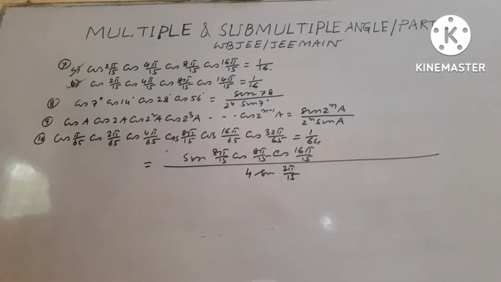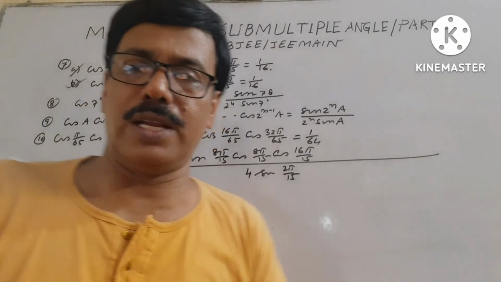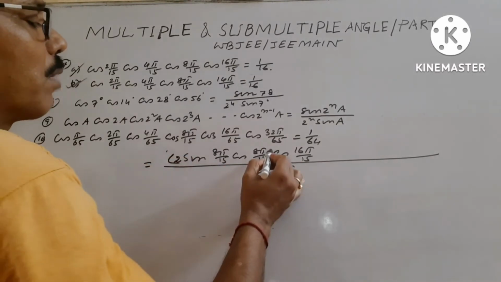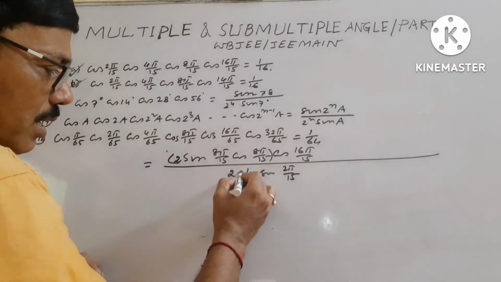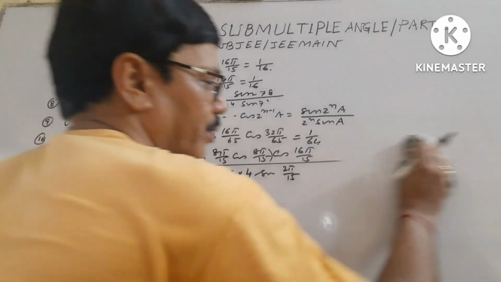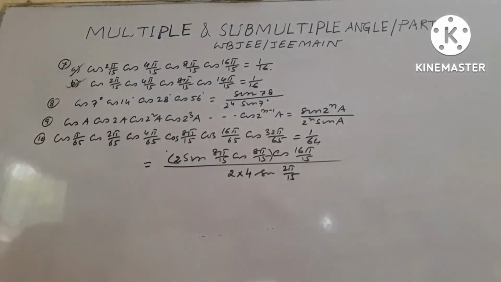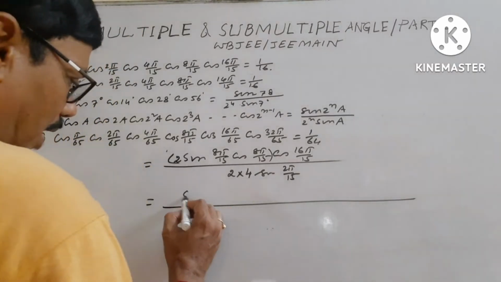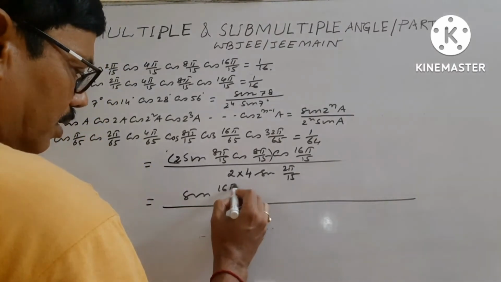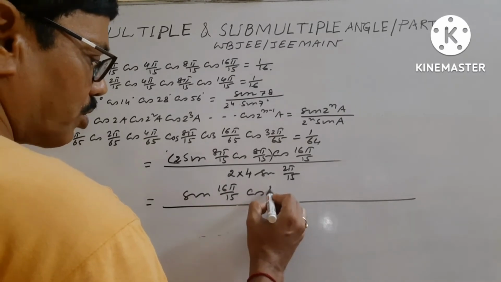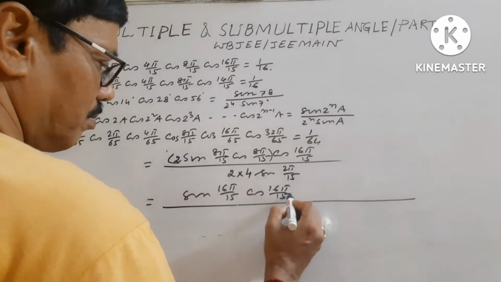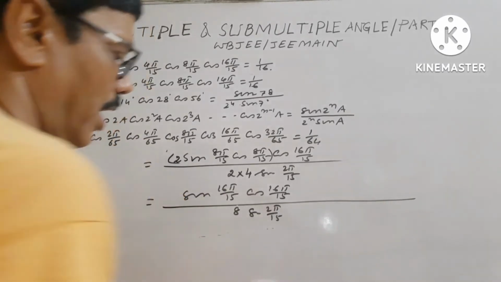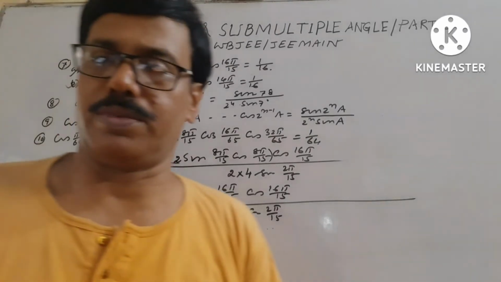Again, if you multiply by 2, you get the formula. So 2 is multiplied here, and 2 is to be balanced. So this is sin 16 pi by 15 into cos 16 pi by 15 over 8 sin 2 pi by 15.